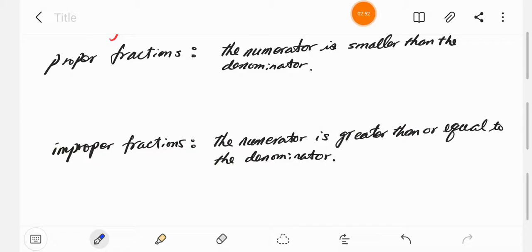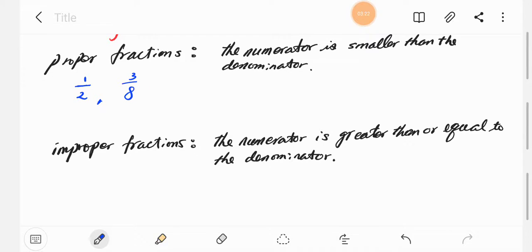Then, proper fractions have a numerator that is smaller than the denominator. For example, 1 over 2. The numerator is 1, and 1 is less than the denominator 2.